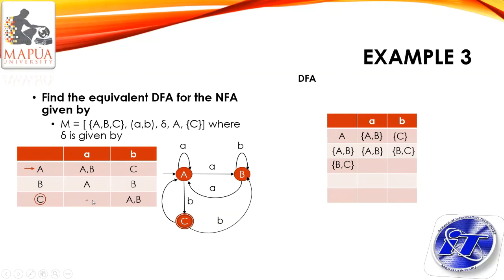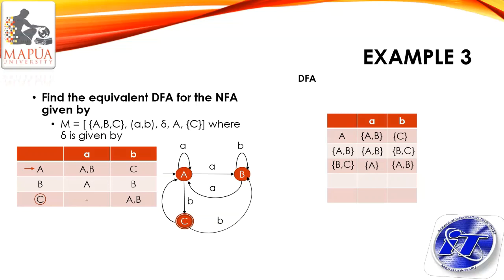So going A and nowhere to go means A. And if BC encounters B, B for B will just loop within B. And for B for C, it could either go to A or B. So it means B going to B, C going to AB. BAB is just AB.